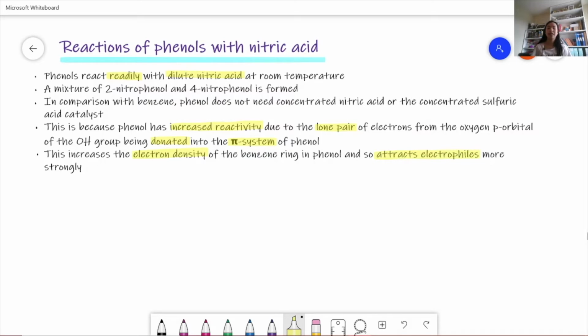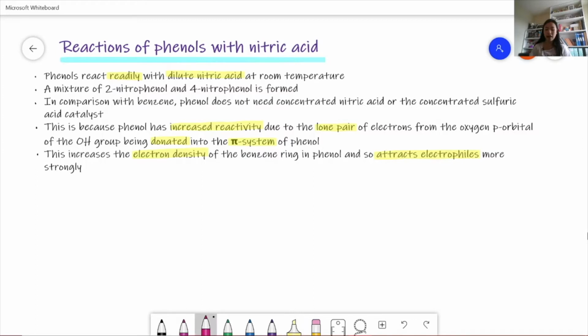The electrophile we're using here is the NO2+, which we saw also for the reaction of concentrated nitric acid and benzene with the concentrated sulfuric acid catalyst. But this time, because the phenol has a higher electron density, it attracts the electrophiles more, and so we only need dilute nitric acid.